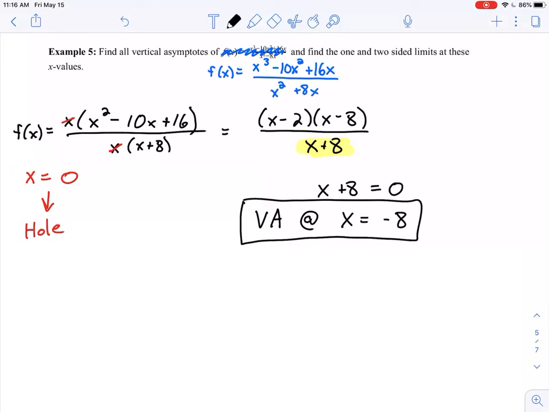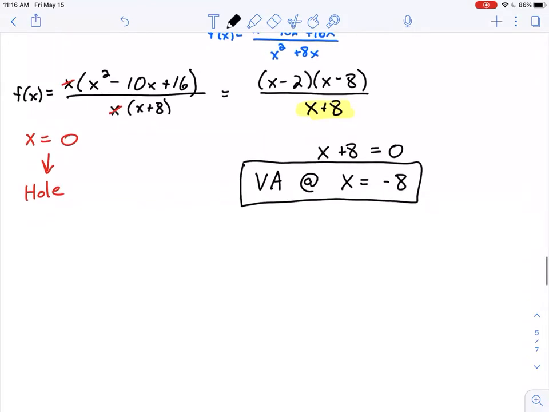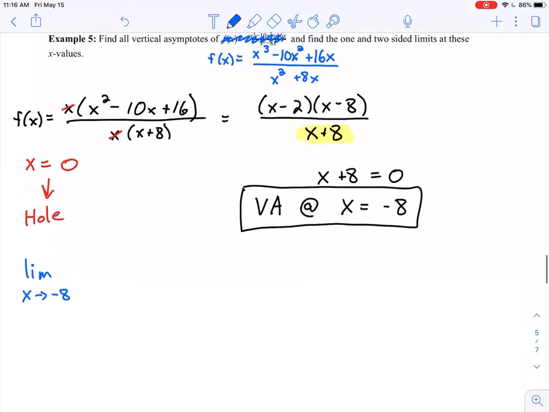So now that I've identified that vertical asymptote, we want to look at the one and two-sided limits. We'll start with the one-sided limits, and then the two-sided limit will follow naturally. We're going to find the one-sided limits at x equals negative 8. So let's do that in a different color down here. Let's start with the left-hand limit as x approaches negative 8 of... Now you could take that whole function, right?